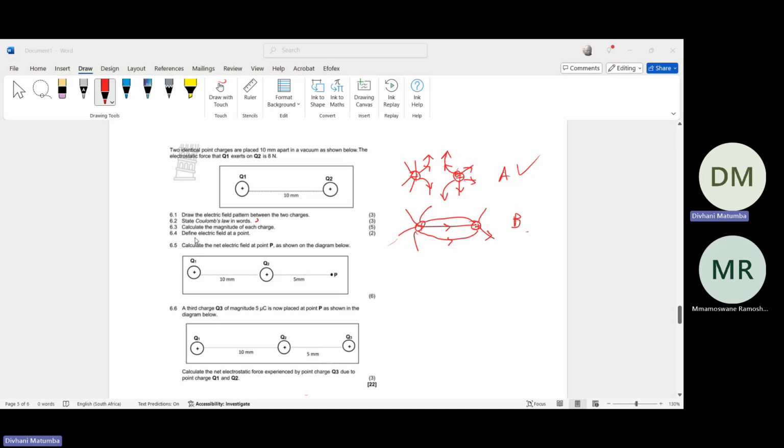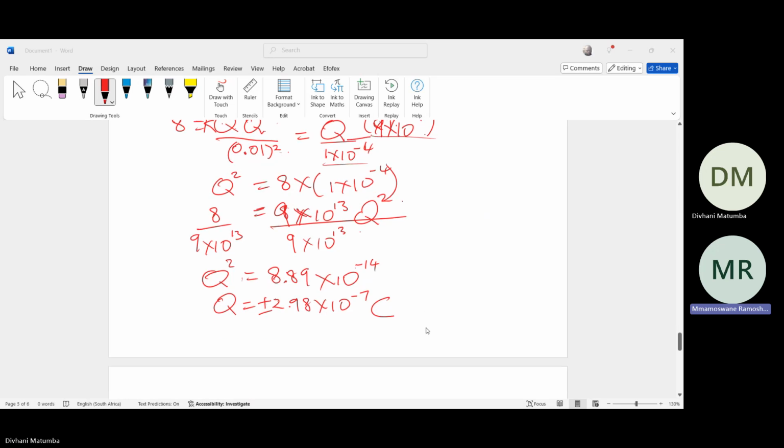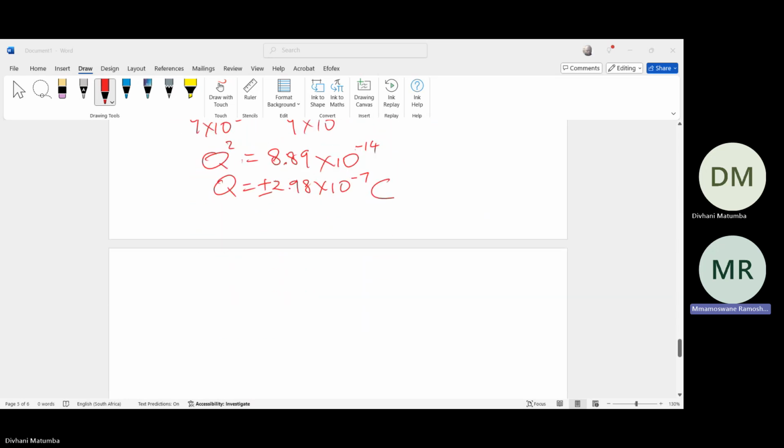Now define the electric field at a point. What is the electric field at a point? The electric field at a point is the electrostatic force experienced per unit positive charge placed at that point.